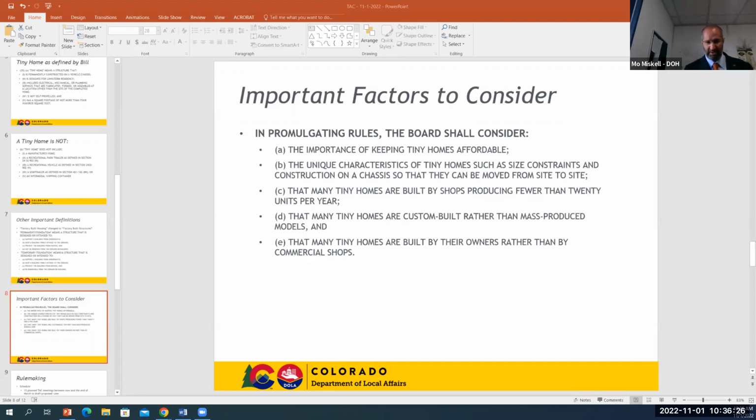I do want to clarify a few things about your oversight comments and suggestion. There's only one oversight. It's the state of Colorado, right? So there's only one entity that has authority to have oversight over any of these products, whether it be modular or tiny homes. That can't be changed unless you want to change it statutorily, right?